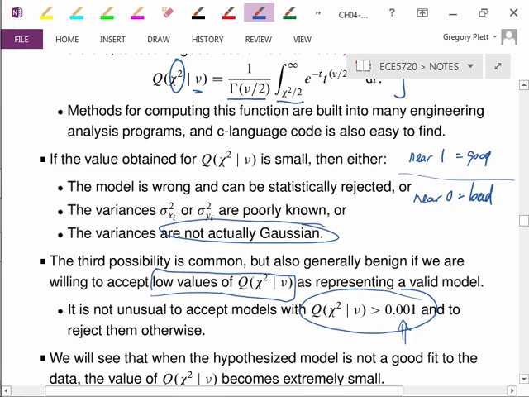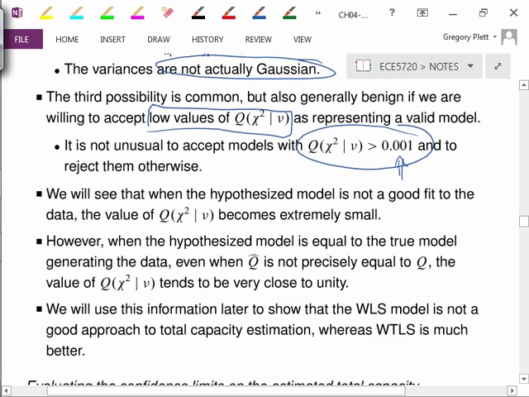We're going to do a homework project where you're going to be computing this and looking at it, and you're going to see that after very few updates, maybe 10, 15 updates to your capacity estimate, it's either going to converge almost exactly to 1 or almost exactly to 0. This turns out to be a pretty binary thing. That's what I say here. So when the hypothesized model is equal to the true model, even when Q hat is not precisely equal to Q, this value of Q tends to be very close to unity.